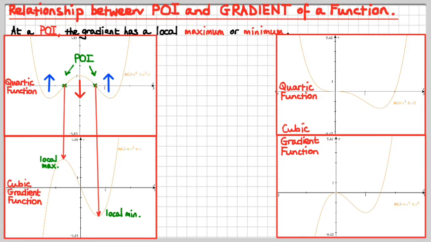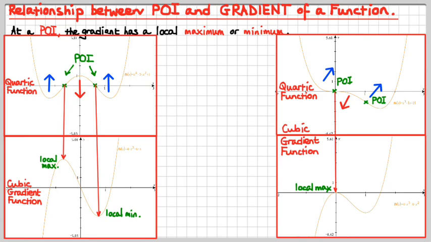Now over here I've just got another example for you, another quartic, but this is a wobbly quartic with a stationary point of inflection here, right? So where are the concaves up and concaves down and all the rest of it? Now, where are the POIs, the boundaries? There's one, there's the other. They should coincide with local max and minima in the gradient function. And do they?